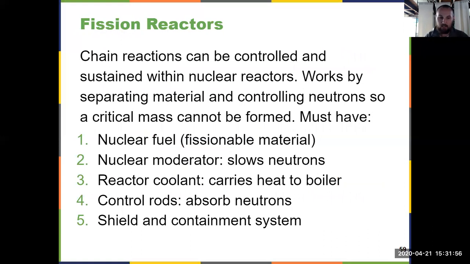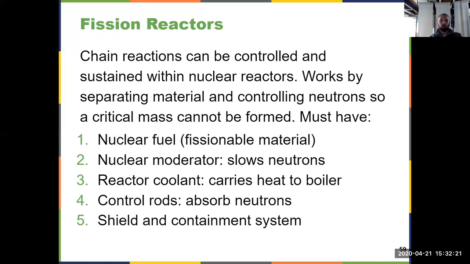So what about the more peaceful application, right, in nuclear reactors? The nuclear reactors that we have, right, on Earth today are fission reactors, which work by controlling a nuclear reaction within a reactor. Okay? In order to control that, that means we have to have control of the material and the neutrons being produced so that we never go critical or supercritical. So what parts do we need to have, right?